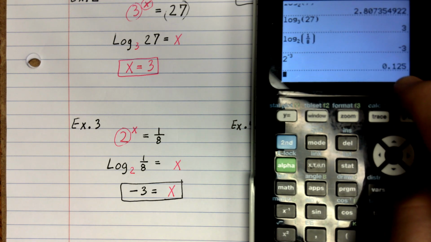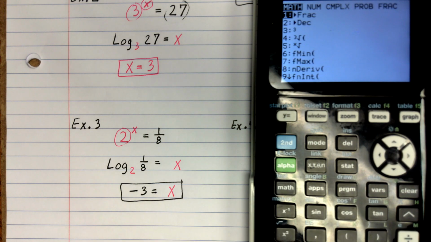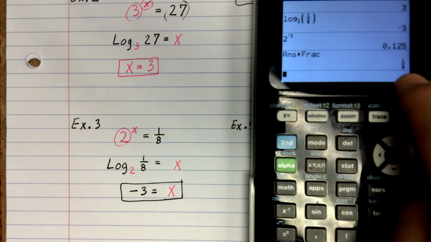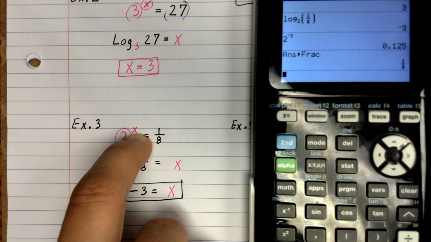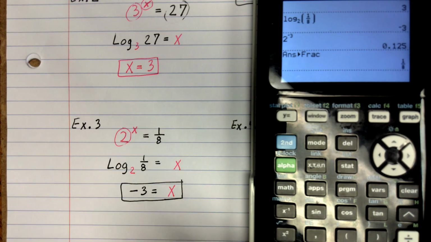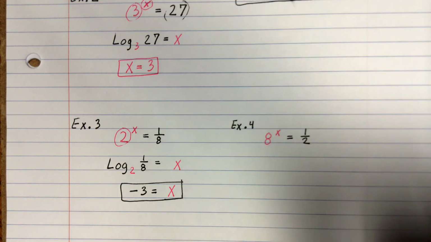And notice it does give me this decimal, but if I hit math, enter to convert it to a fraction, it does tell me it's 1/8. So I know for certain this is the correct answer. X really is equal to -3. Because if I replace this exponent with a -3, so 2 to the power of -3, it is going to give me a value of 1/8 for my answer.